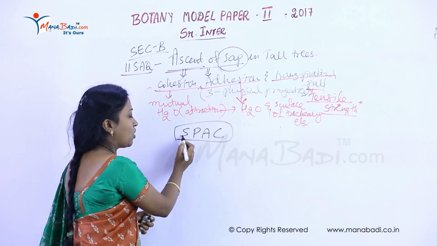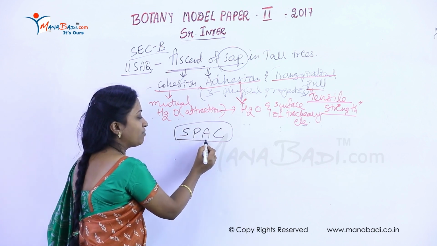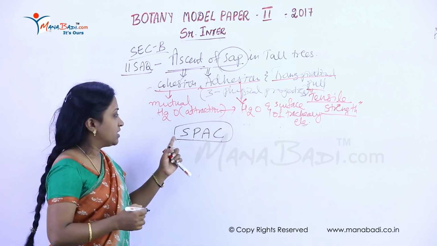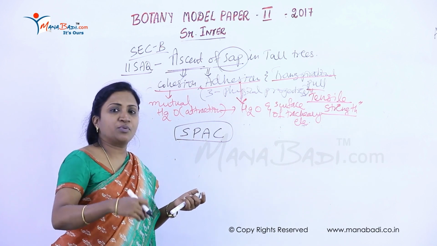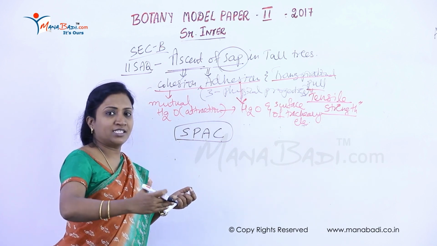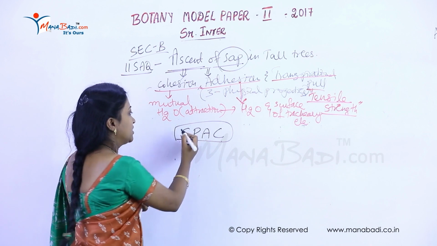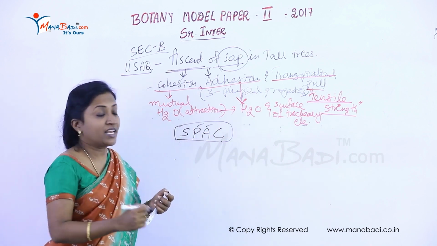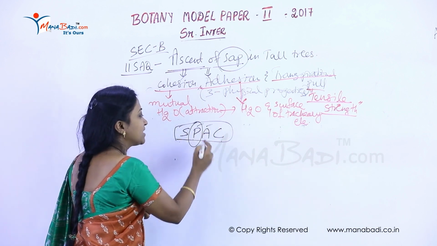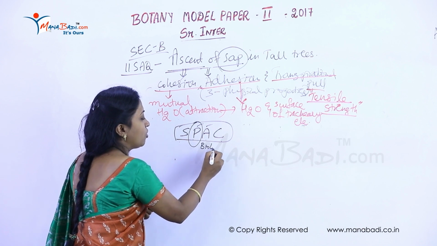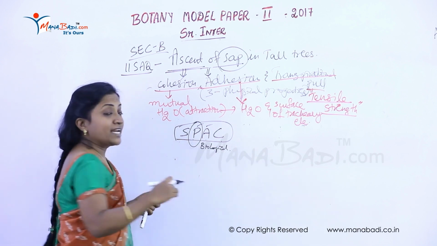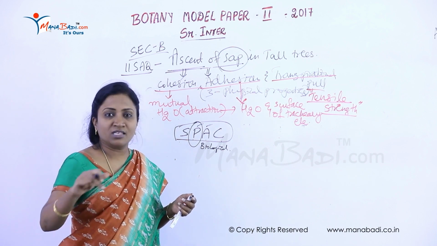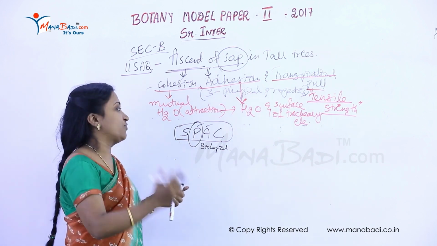SPAC is the soil, plant, atmosphere continuum. It is a continuous cycle between the soil, plant and atmosphere. Here the plant serves as a living medium in between the soil and the atmosphere.